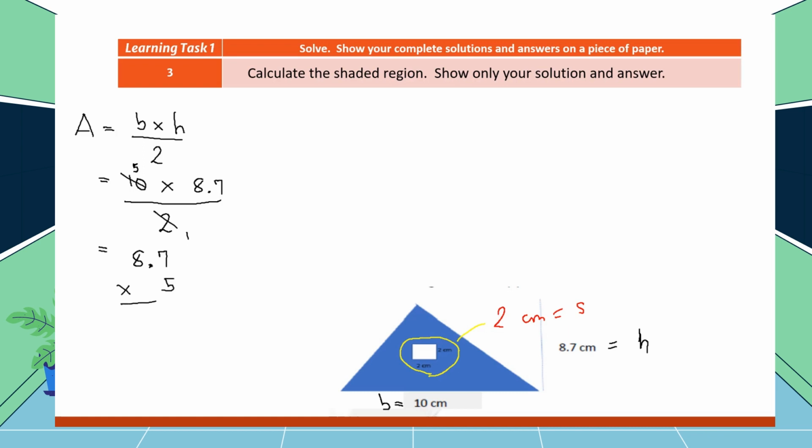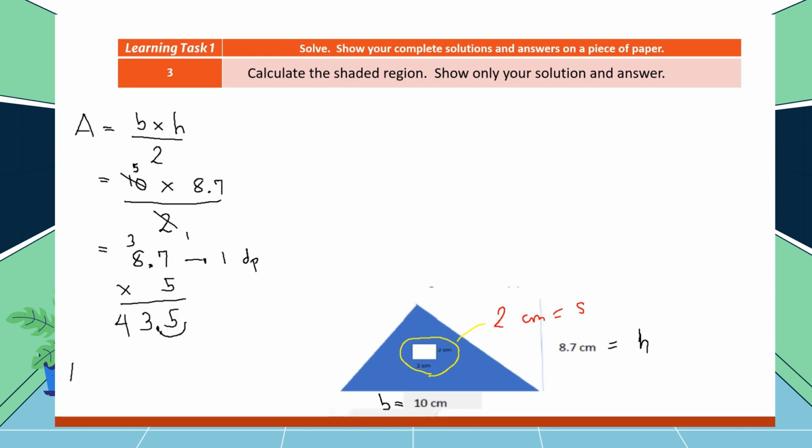Okay, multiply nga natin. 5 times 7, the answer is 35, carry 3. 5 times 8 is 40, plus 3, it is 43. Pag tumingin tayo sa problem, meron tayong 1 decimal place. Kaya naman, doon sa 435 from the end, mag-move tayo 1 place to the left. So, the answer is 43.5.